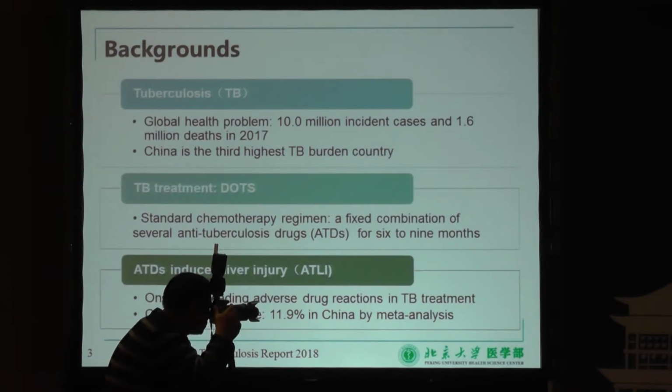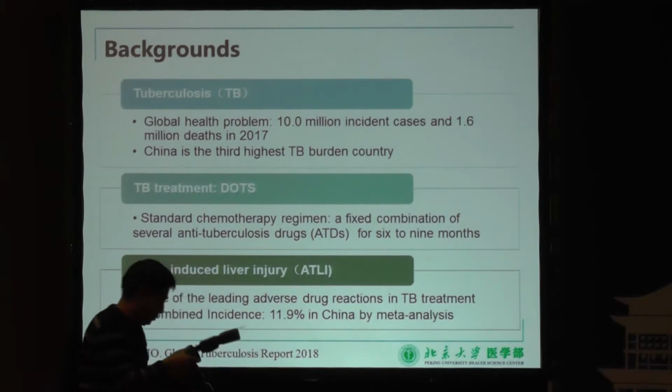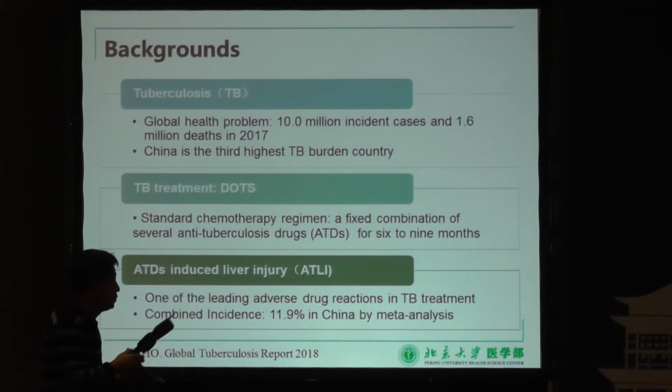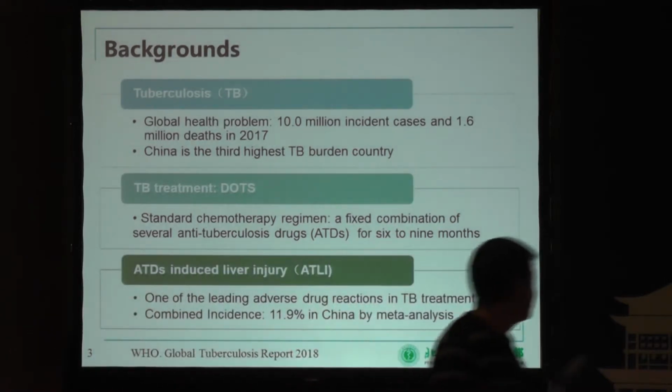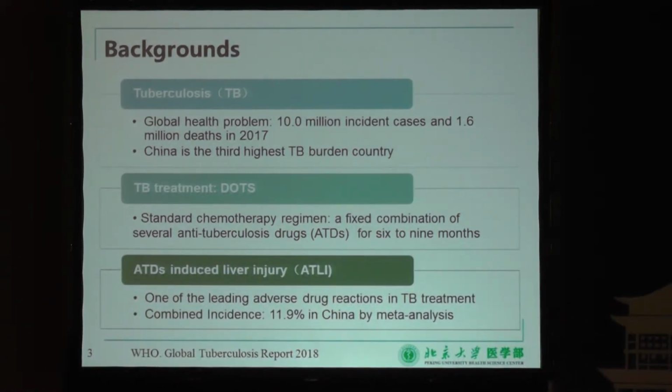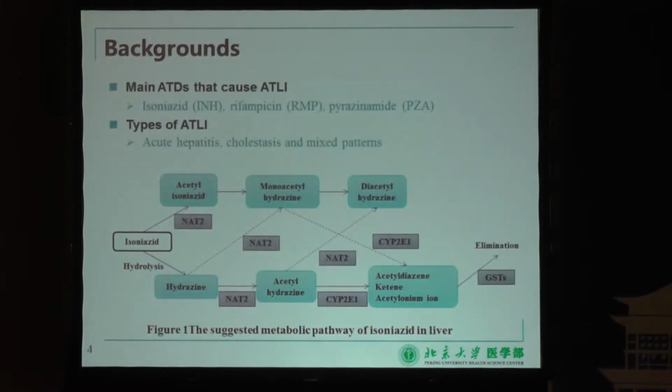ATD-induced liver injury is one of the leading adverse reactions in tuberculosis treatment, which poses some challenges in treatment. According to our previous meta-analysis, the combined incidence rate of ATLI is around 12% in China.